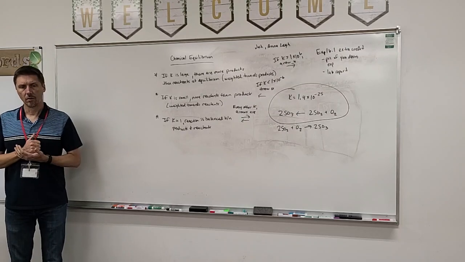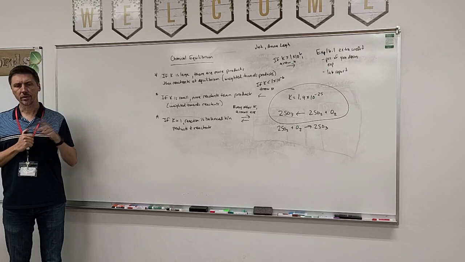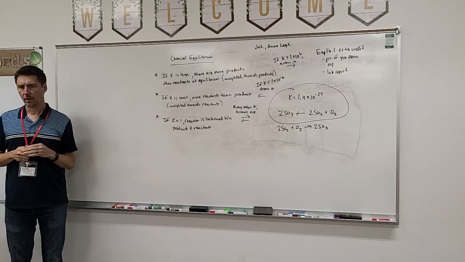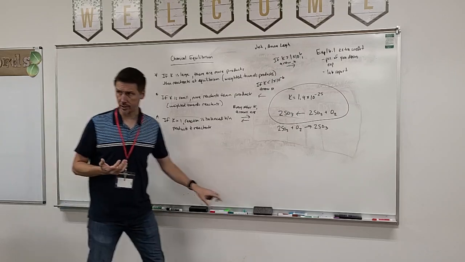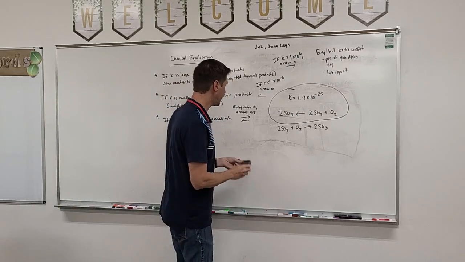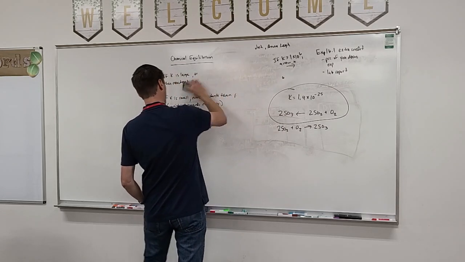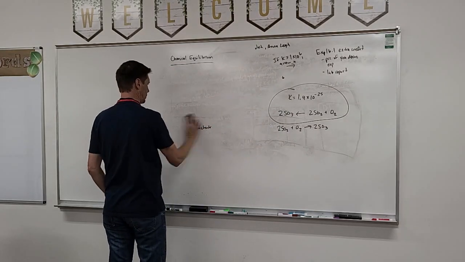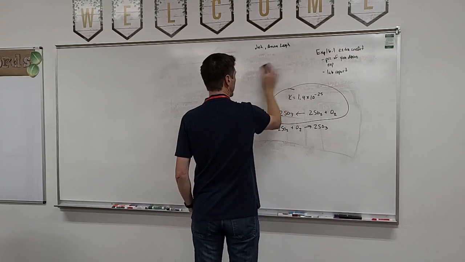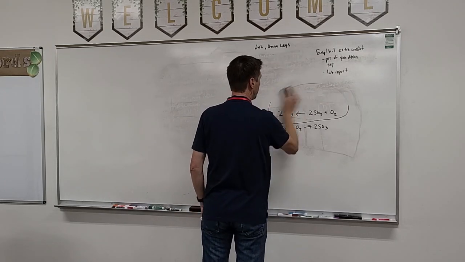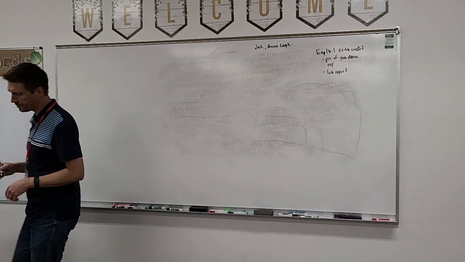Now, when we talk about calculating K, it has to do with concentration, right? The K equation, the equilibrium constant equation, is based on the concentration of the products and the concentration of the reactants.